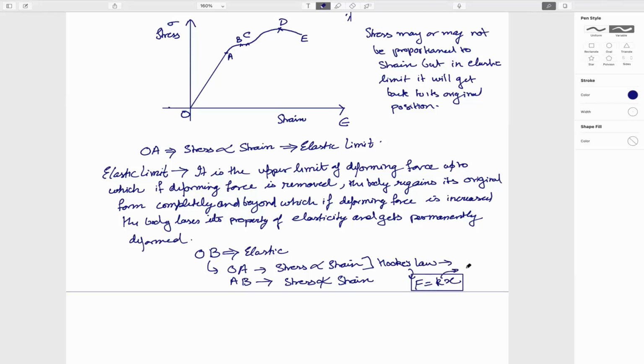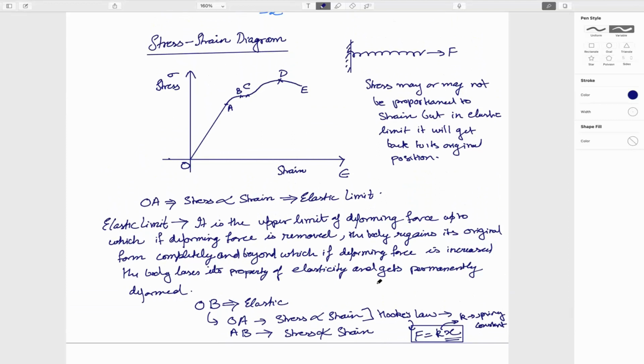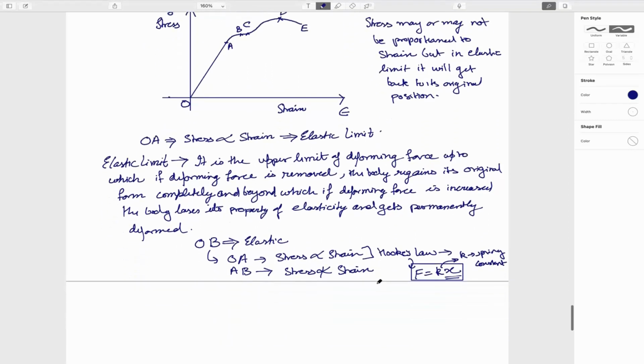K is the proportionality constant given by Hooke's law. Whatever force is used to increase the stress in the system, the deformation is directly proportional to it in the elastic limit, and that is given by K. K is generally called the spring constant. So this is all about the limit from OA and AB.